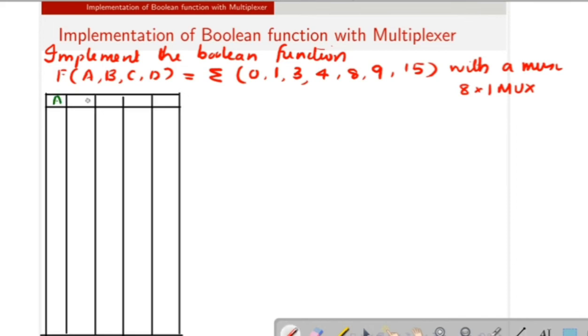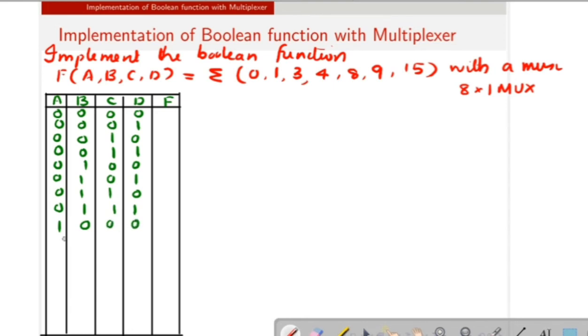So this is the truth table. The inputs are A, B, C, D and output is F. So here there are 4 variables. So there are 16 input combinations: 0000, 0001, 0010, 0011, 0100, 0101, 0110, 0111, 1000, 1001, 1010, 1011, 1100, 1101, 1110 and 1111.